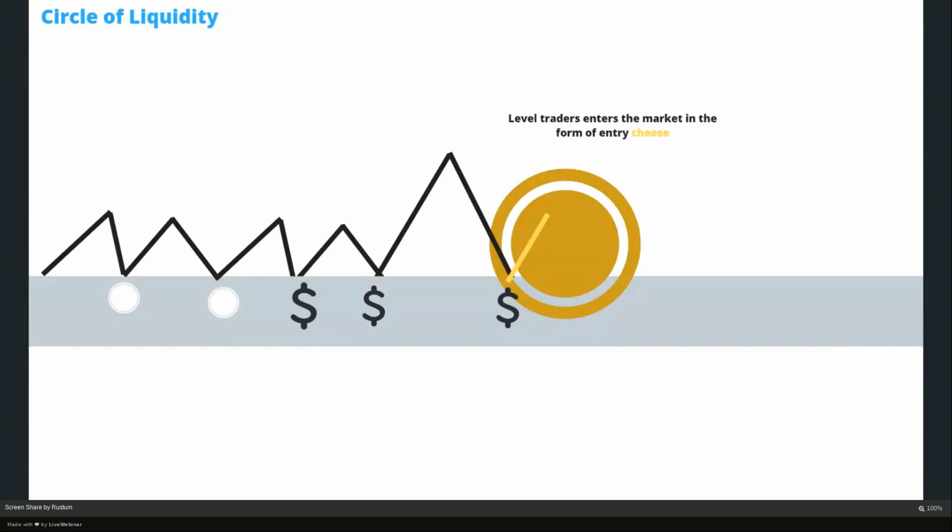And what is cheese? Cheese is the level traders coming into the market. Who are the level traders? They are the most aggressive ones. I used to be a level trader all the time, before doing it this way. So you have your entry cheese, which is the level trader. They wait at the level, expecting it to go to the next barrier.